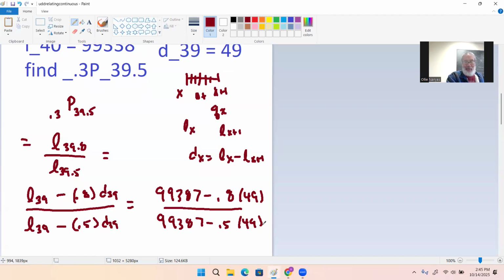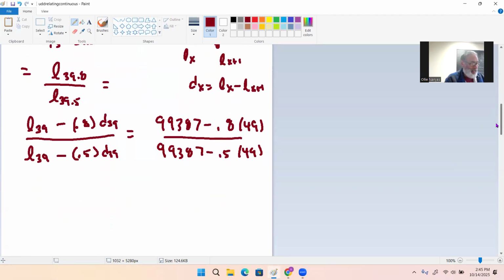So the numerator, my calculations are correct, that's just 99341, divided by the bottom, which is 99387 minus 0.5 times 49.